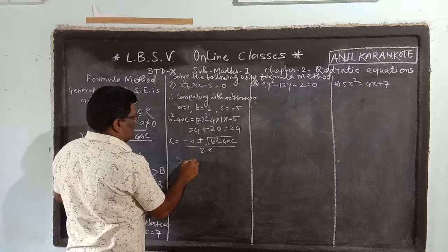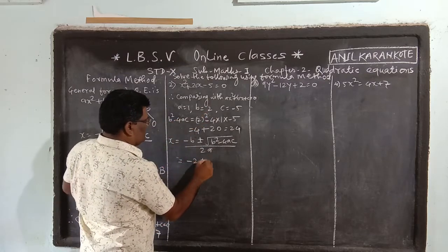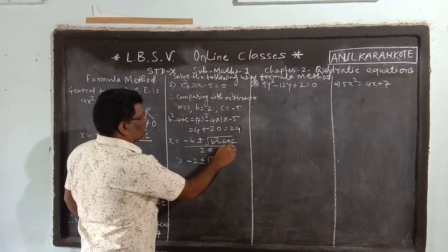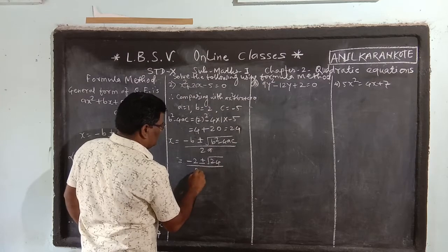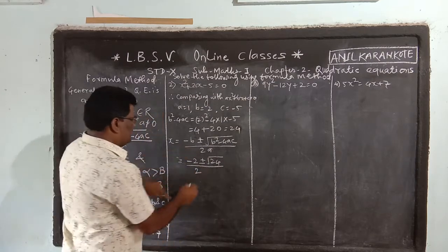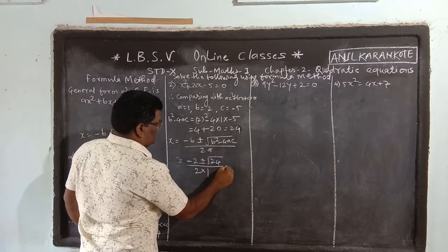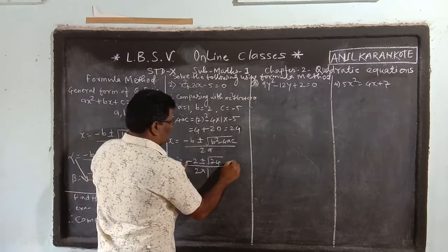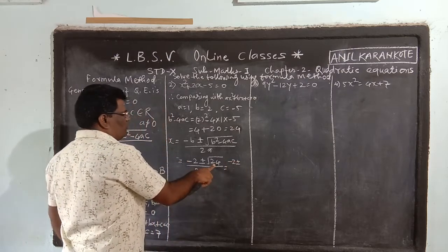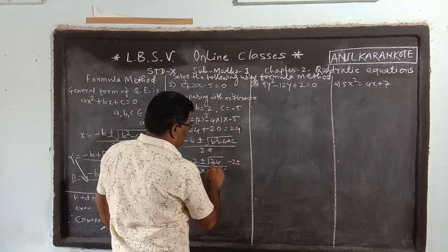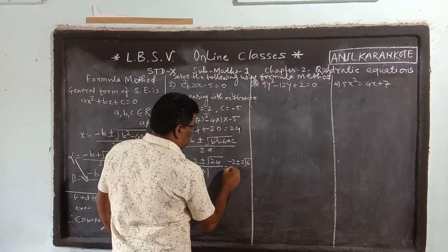We get x is equal to minus 2 plus minus square root of 24 upon 2 into 1. 24 means 4 into 6, square root of 4 is 2, therefore 2 under root 6 upon 2.